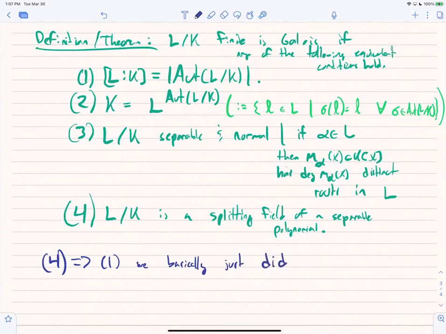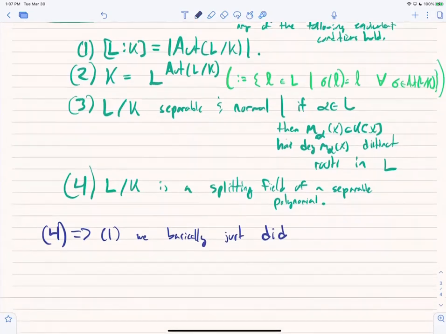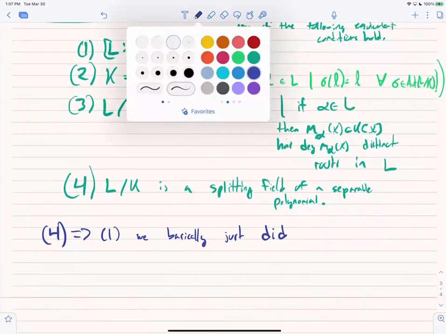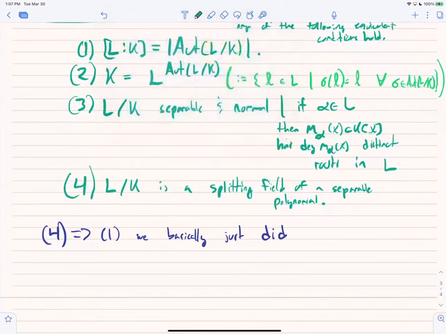Probably it's not completely clear from what we did that K is the fixed field of the automorphisms in that case, without doing at least a little bit more. But there are quick ways to get there, I think, to get 4 also implies 2.